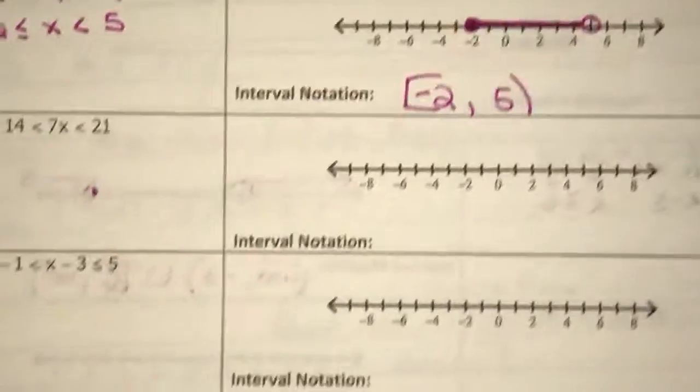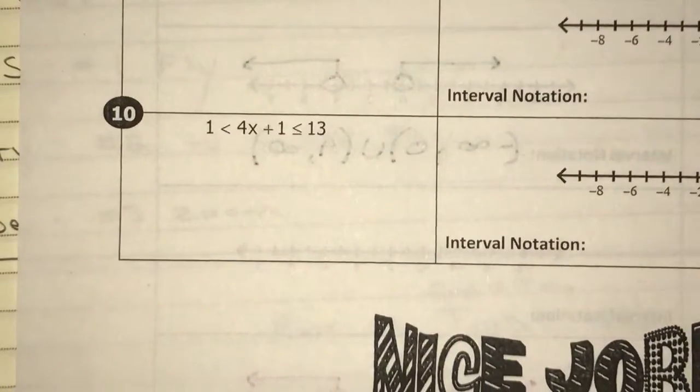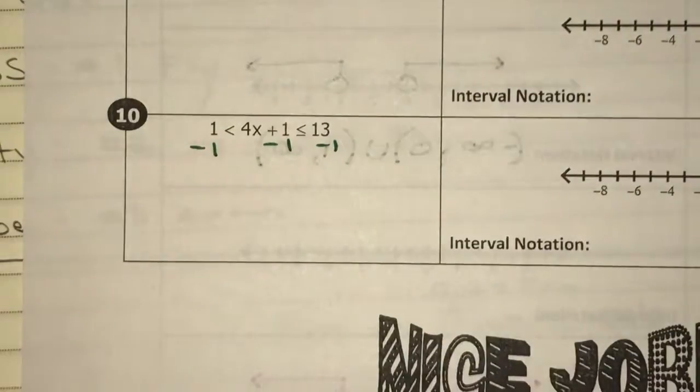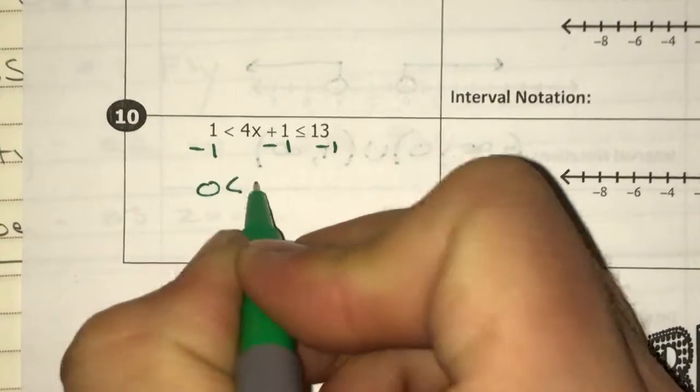Okay, let's jump down to number 10. This will be the last one. So when you have a compound inequality in this form, you need to get the x by itself in the middle. So first thing you're going to do is subtract 1 from each side. So 1 minus 1 is 0.